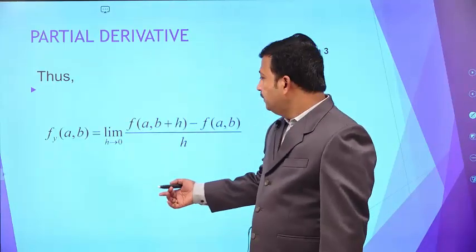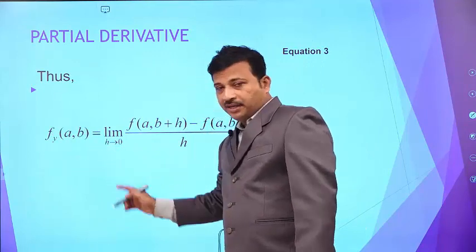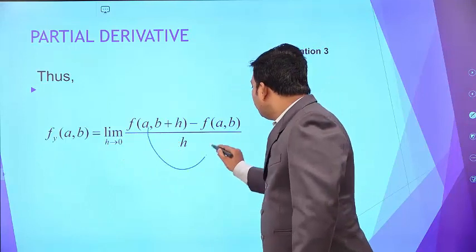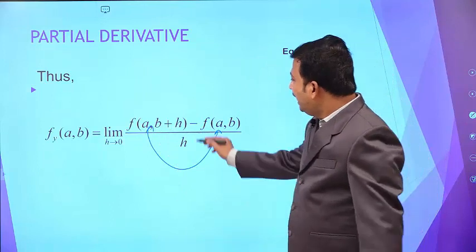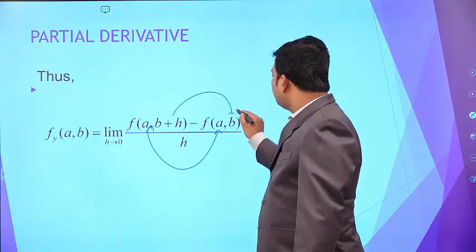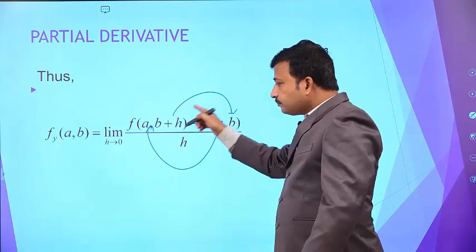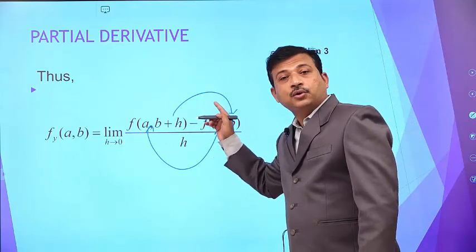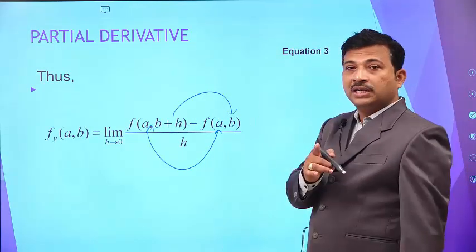How can we write it in limiting form? fy of a, b equals limit h tends to 0 of f of a, b plus h minus f of a, b by h. Here we made a fixed, and b changes to b plus h. So here we are differentiating with respect to b and fixing a. Is it clear? We'll do an example.